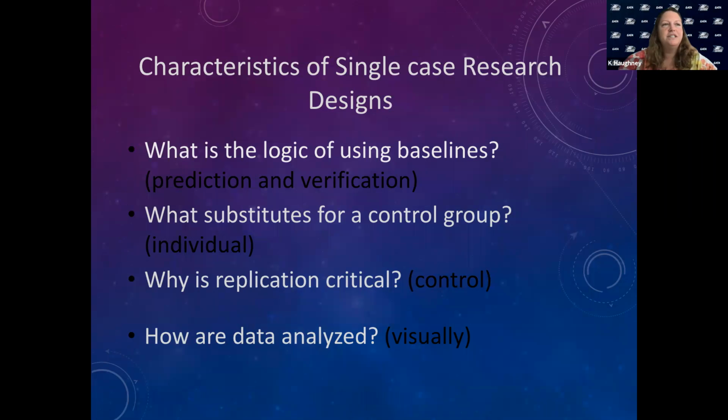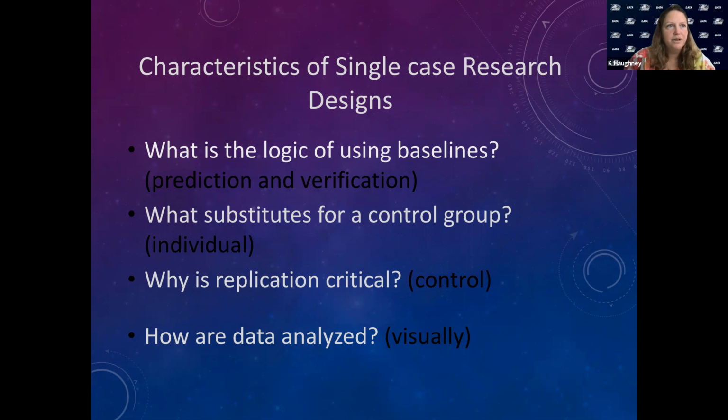So let's talk for just a second together about the logic of each one of these components. Let's talk about the logic of using baselines. Okay, so we have to convey this to students quite a lot. Baselines are important because they help us to predict and verify what is happening in the current condition before we introduce a change.